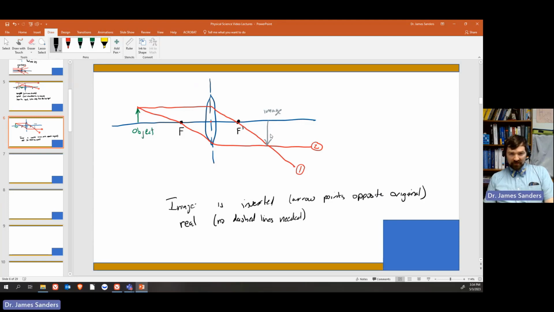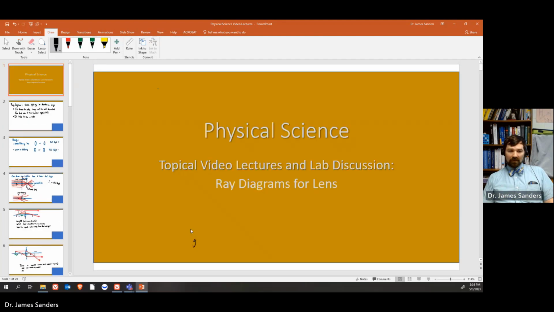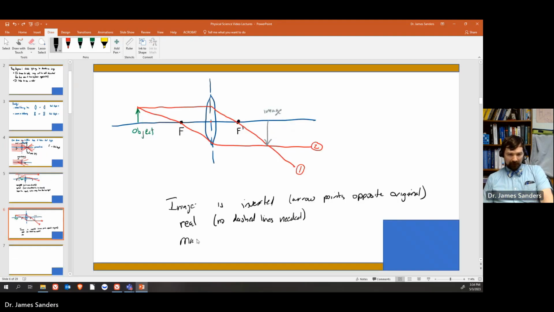And I think in this case, it may also be larger than the object, but without a more straight line drawing, the magnification is inconclusive.